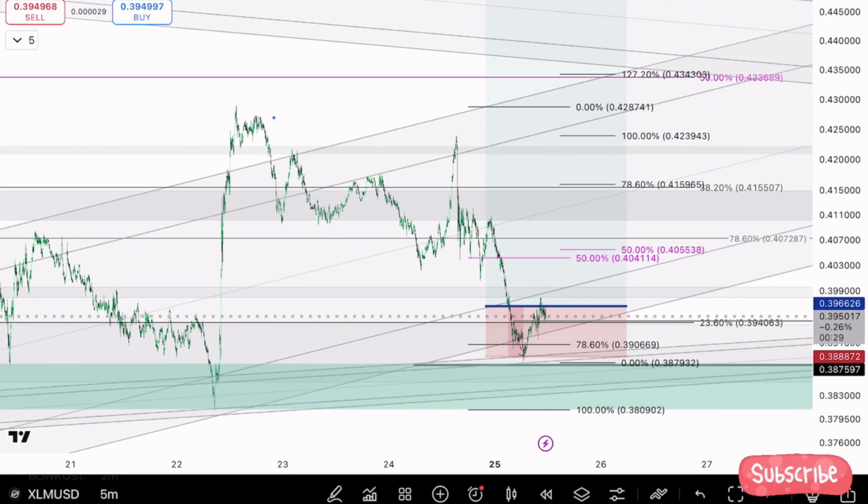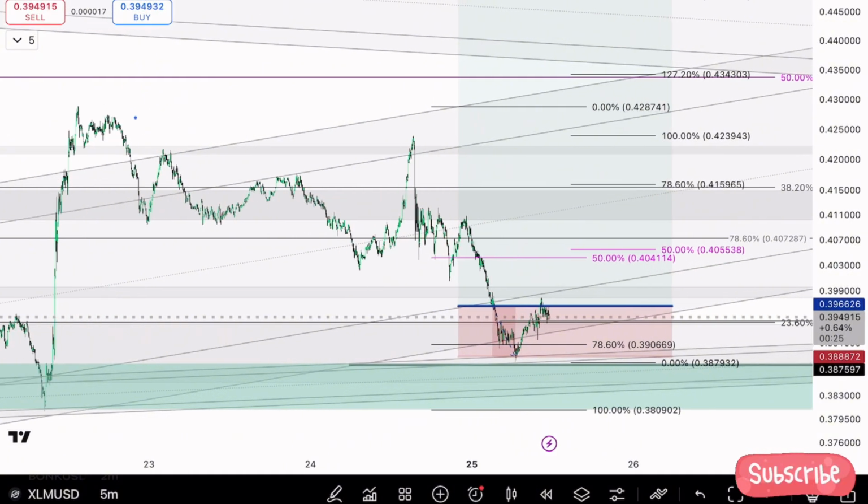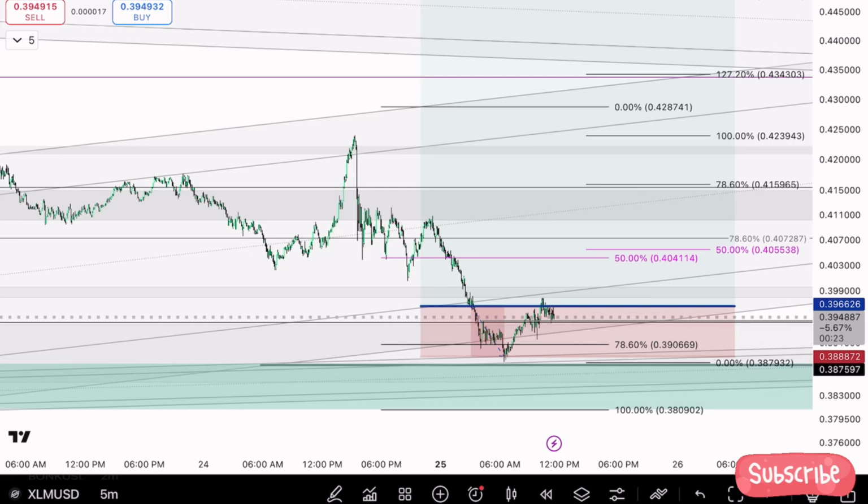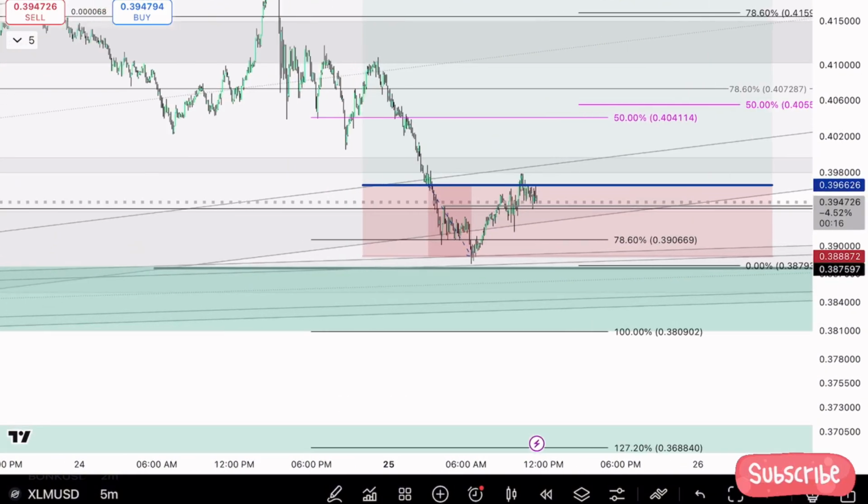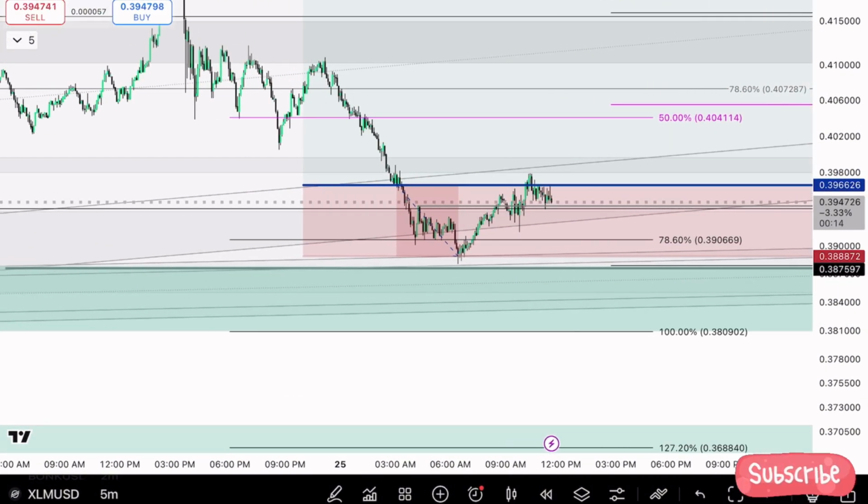I'm going to start with XLM because that is the trade I'm in. Now I have to go back over how I got in the trade and where my stop is. All right, so I'm looking at the 5 minute.